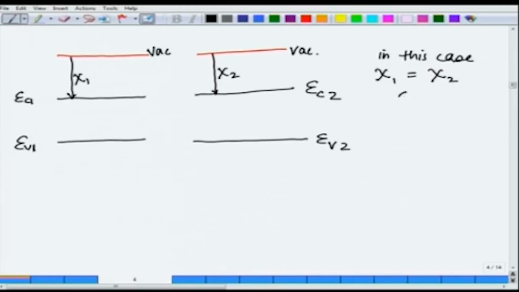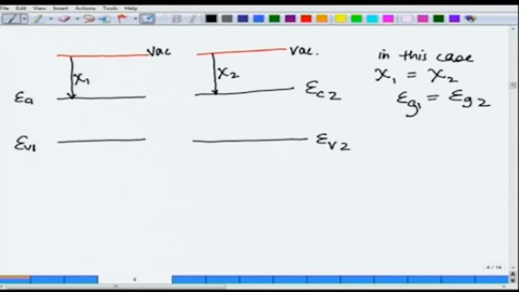And similarly, EG1 is equal to EG2, the band gap of the two materials is the same, because it is the same material, silicon, we are talking about, and hence the EC and EV levels align with each other, unlike the heterostructures where they were staggered type or broken type. So, here in this case these two are aligned well together.